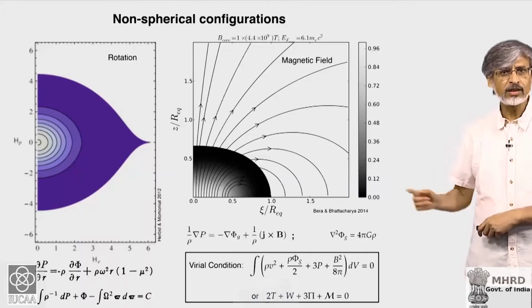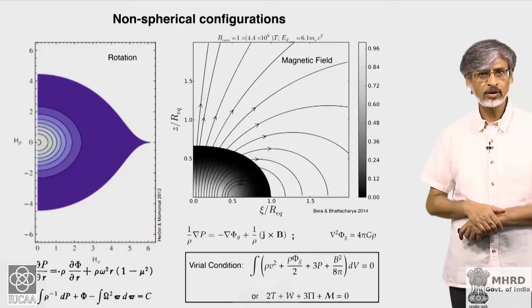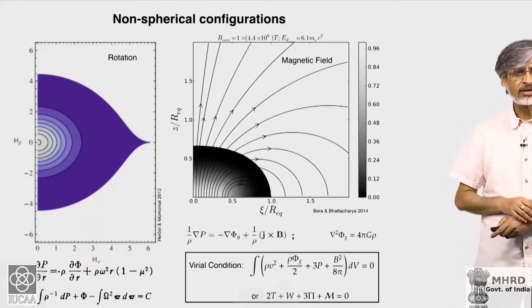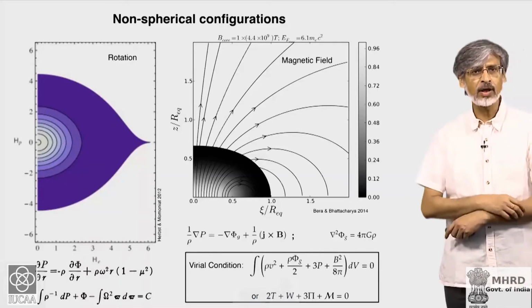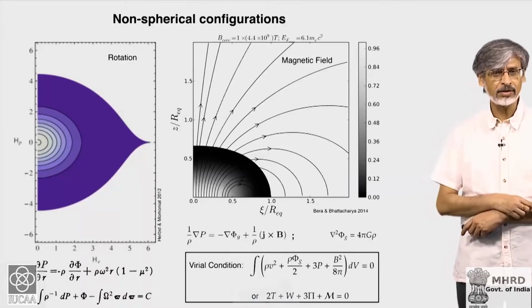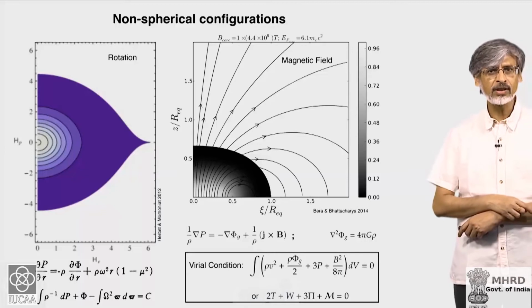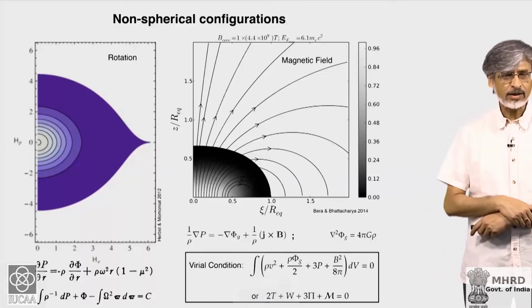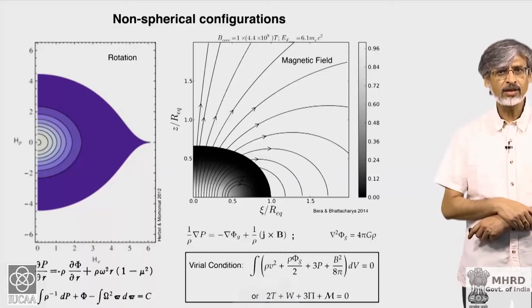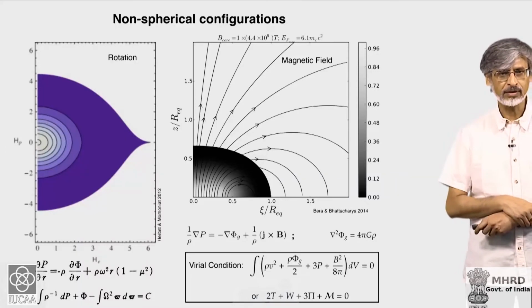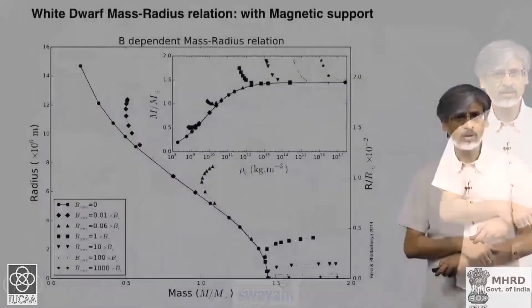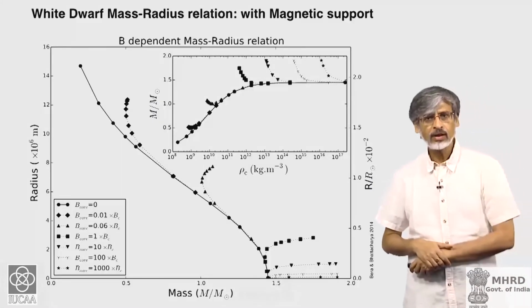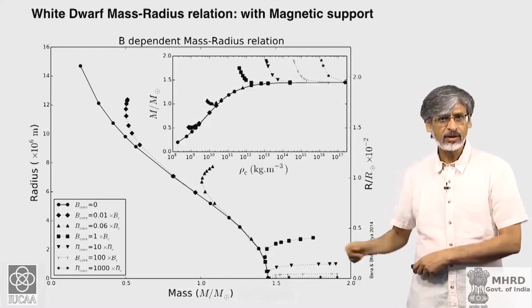So, once that is done, then you have an equilibrium configuration, and we see that if you have either very fast rotation or very strong magnetic field, then the maximum mass limit can be enhanced by a certain amount. I will show the result of having a strong magnetic field.